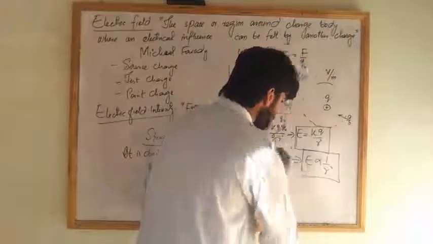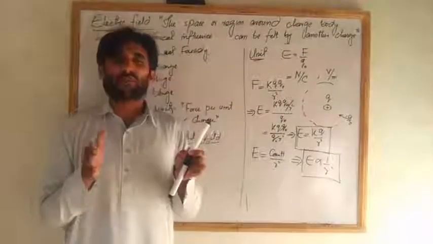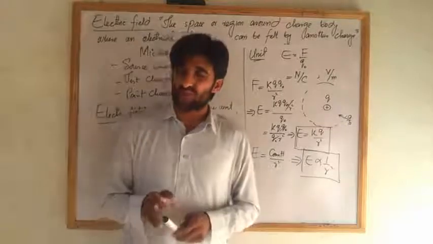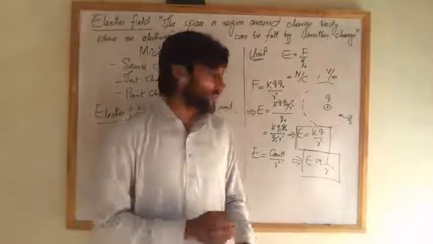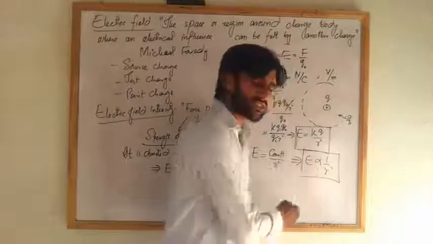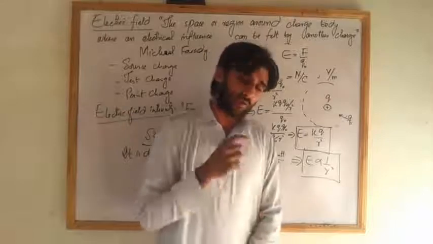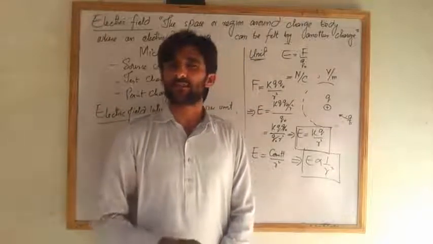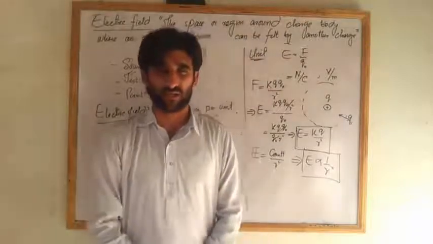According to this relation, whenever the test charge gets closer to the source charge, the distance is getting smaller and smaller. They are inversely proportional to each other. It means that whenever the distance decreases, the electric field intensity gets stronger and stronger.